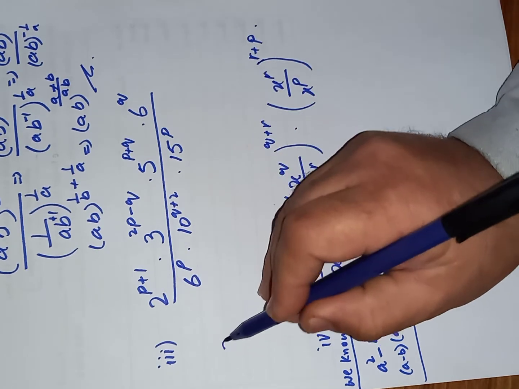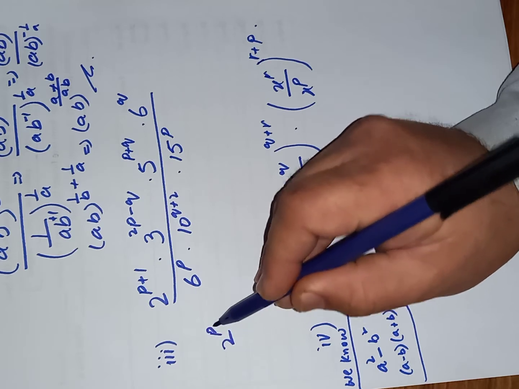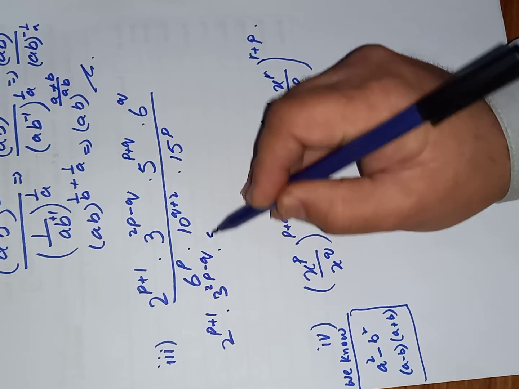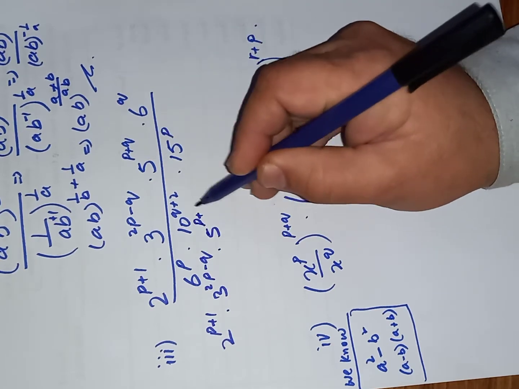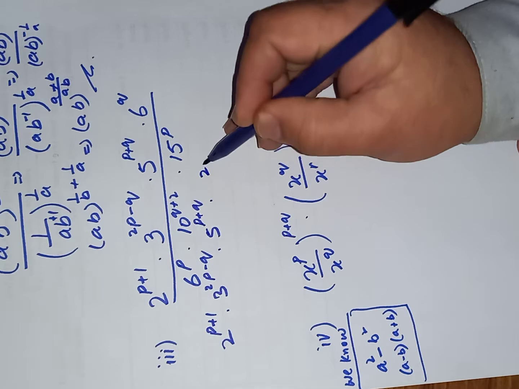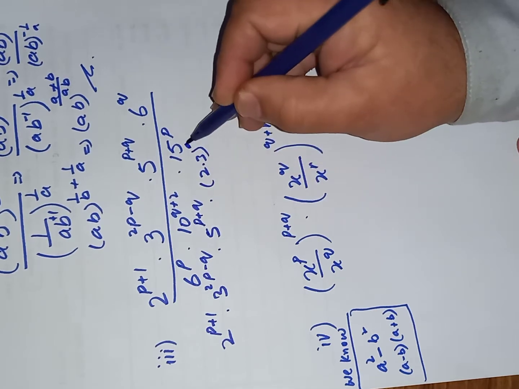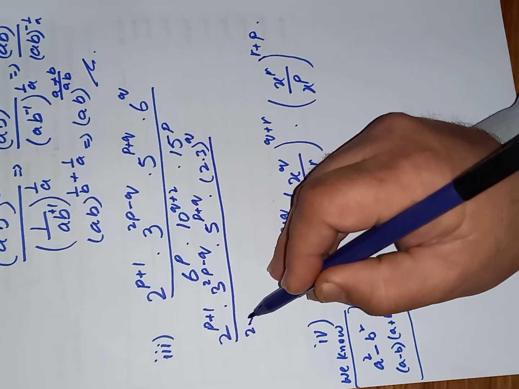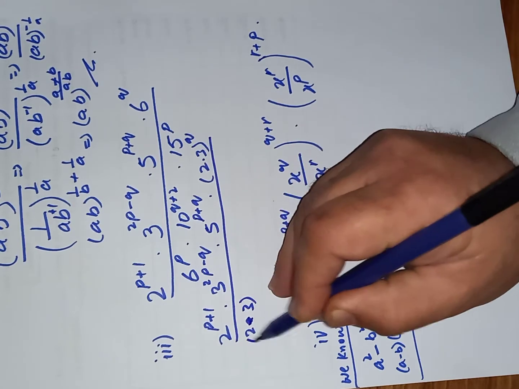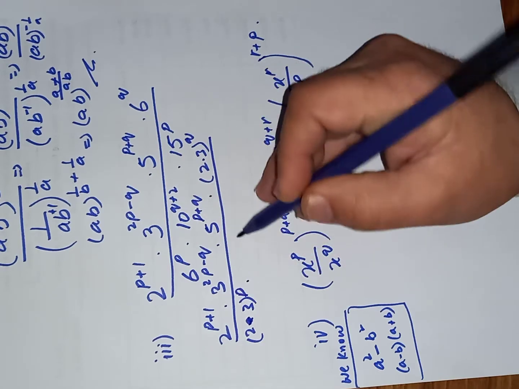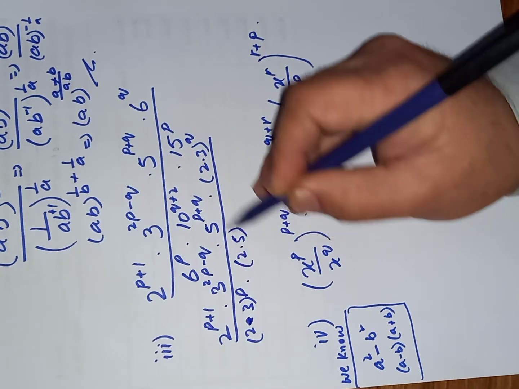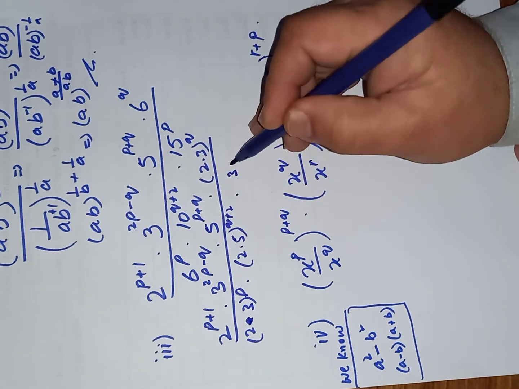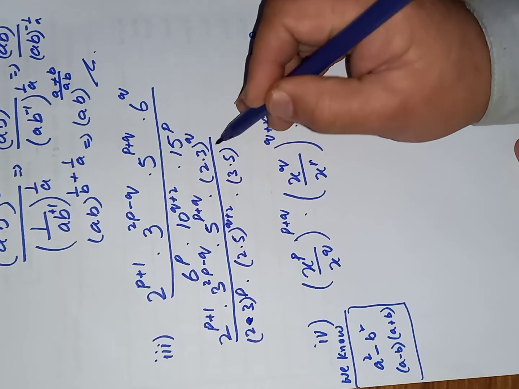So we have 2 to the power p plus 1 into 3 to the power 2p minus q, 5 to the power p plus q as it is, but for this, 2 3s are 6 to the power q, and here also 2 multiply 3, or 2 dot 3, to the power p in the denominator, 2 5s are 10, for this 2 into 5 to the power q plus 2, and 3 5s are 15 to the power p.